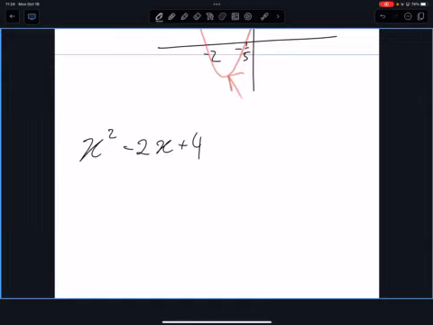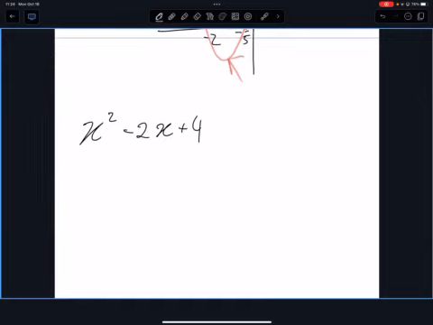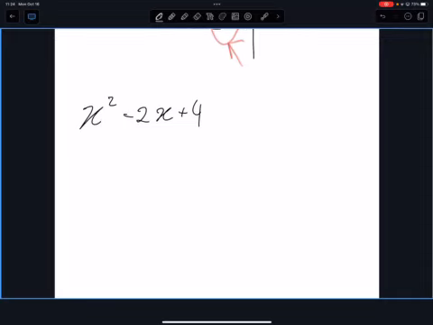I would like to sketch this particular equation, or I would like to know the maximum value of this equation. First step, you need to know the roots. Let's go sketch it. I need to know the roots first. So, in order to know the roots, set it equal to 0. Yes, remember that?